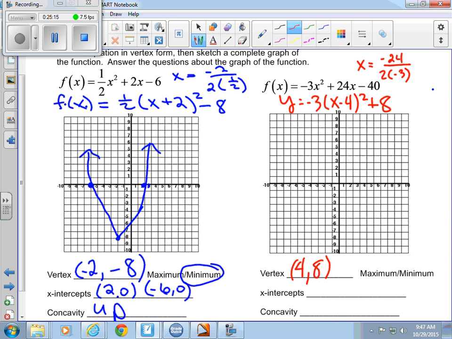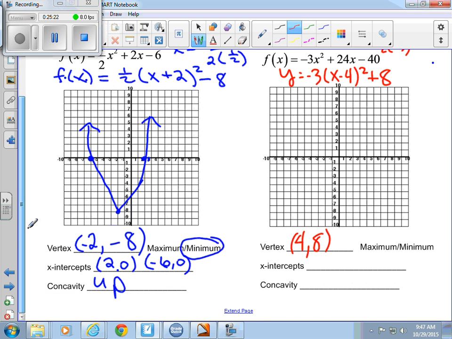What's the equation? Vertex form: a times x minus h squared plus k. You know what I'm talking about? It wants you to get close to this. Okay.